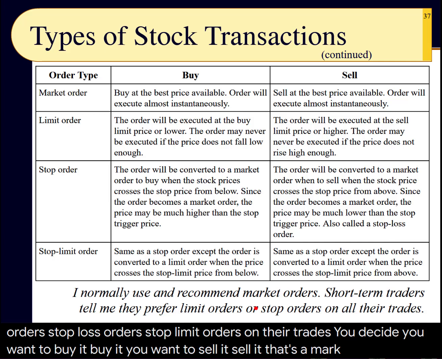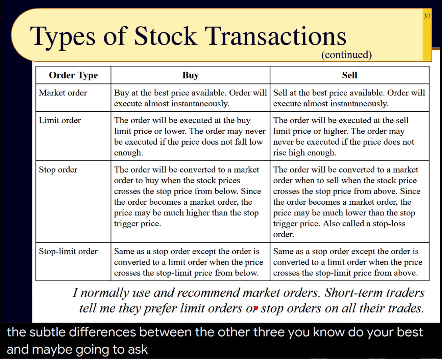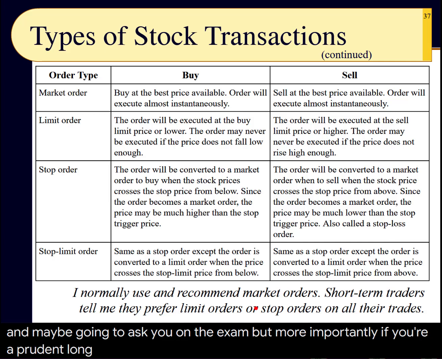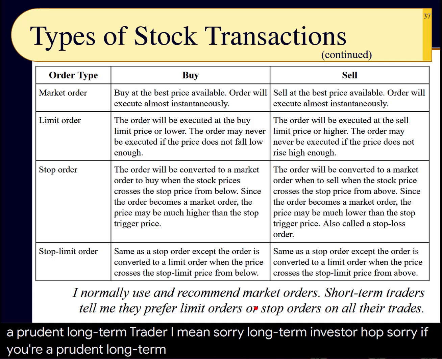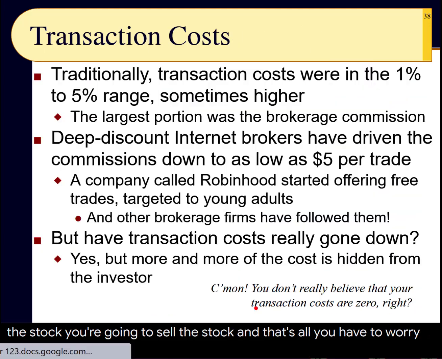That's a market order. The subtle differences between the other three, do your best, and maybe I'm going to ask you on the exam. But more importantly, if you're a prudent long-term investor, you don't care. You're going to buy the stock, you're going to sell the stock, and that's all you have to worry about.